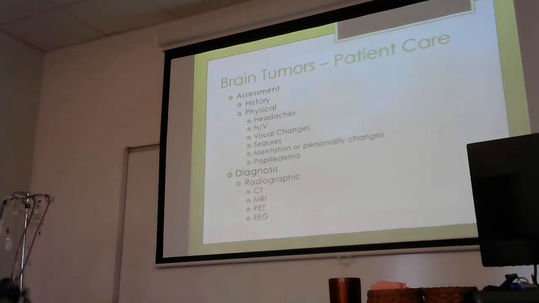MRIs to get a more specific look of where the tumor is located. PET scans to see if this tumor is a primary or a secondary tumor. PET scans detect cancer in the body. And so if the patient has a brain tumor, we will scan them and see if they have lesions anywhere else in the body. And then, of course, EEGs, especially if they're having seizure activity, to see if it's affecting the electrical system of the brain.